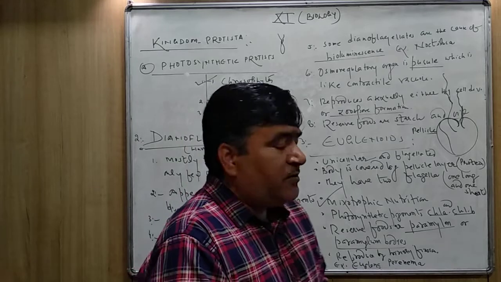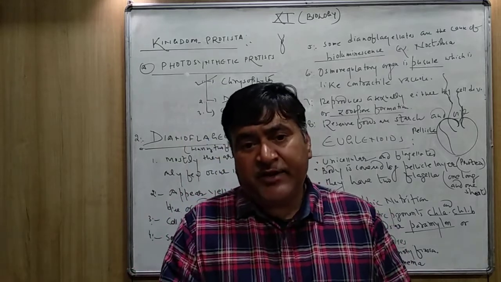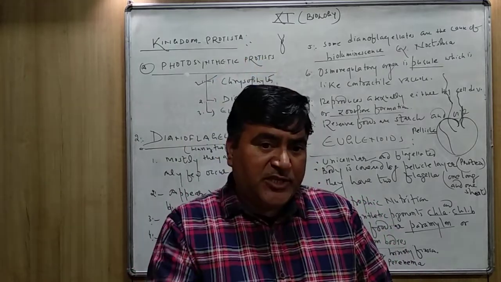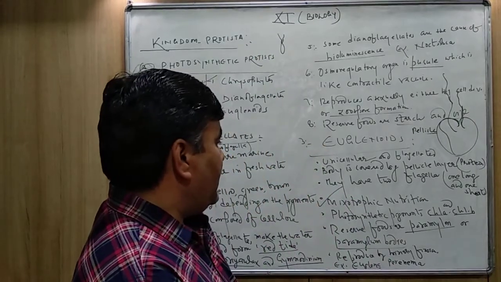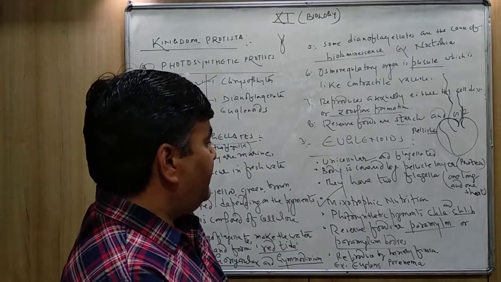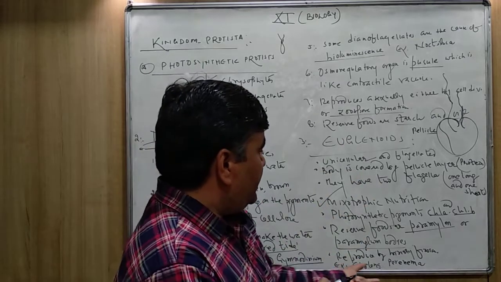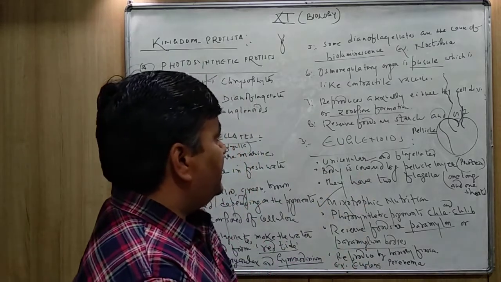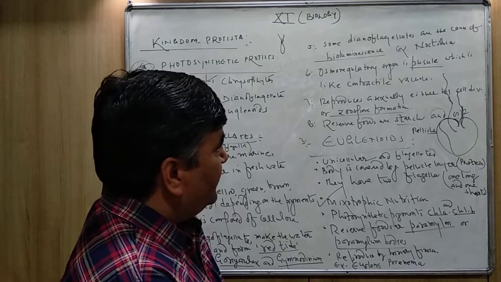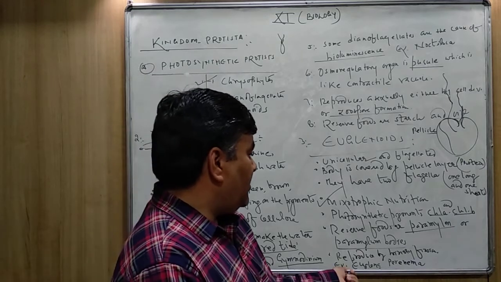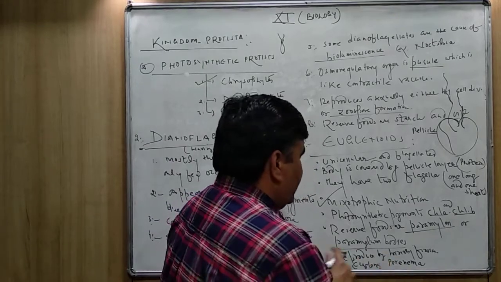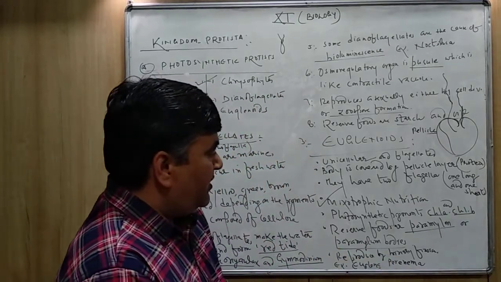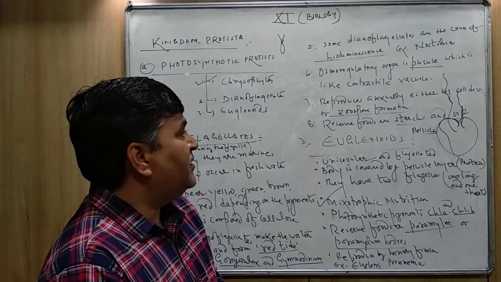Euglena reproduces by binary fission, especially by longitudinal binary fission. I have written here two examples. The euglenoids include organisms like euglena, this is euglena, and one more I have written here, Peranema.